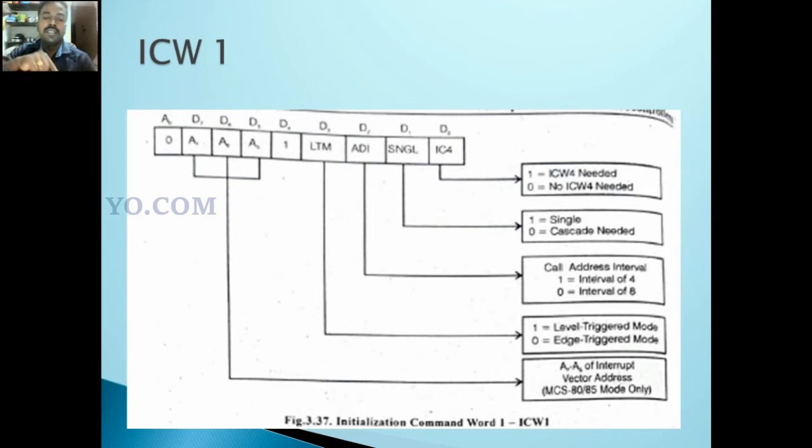If it is 1, it means the IR input has a slave. If it is 0, it means the IR input does not have a slave. Okay, right. So if the interrupt request input is a slave, the bit is 1, and if it is not a slave, the bit is 0. Okay, that is in the master device. In the slave device, we have only 3 pins.